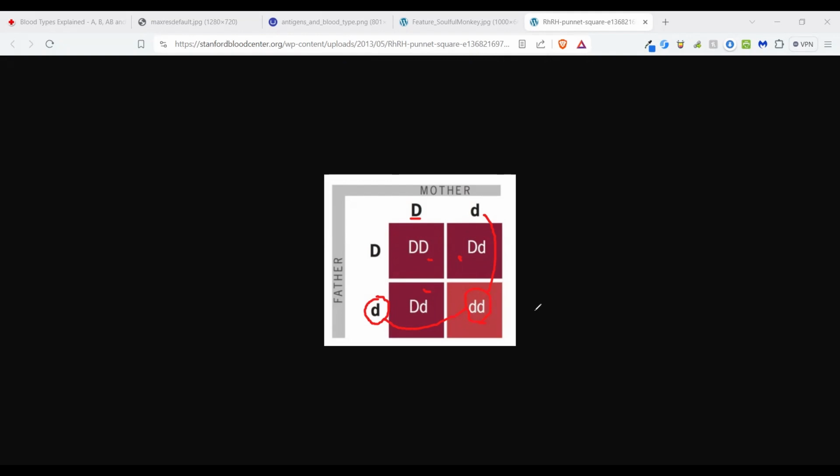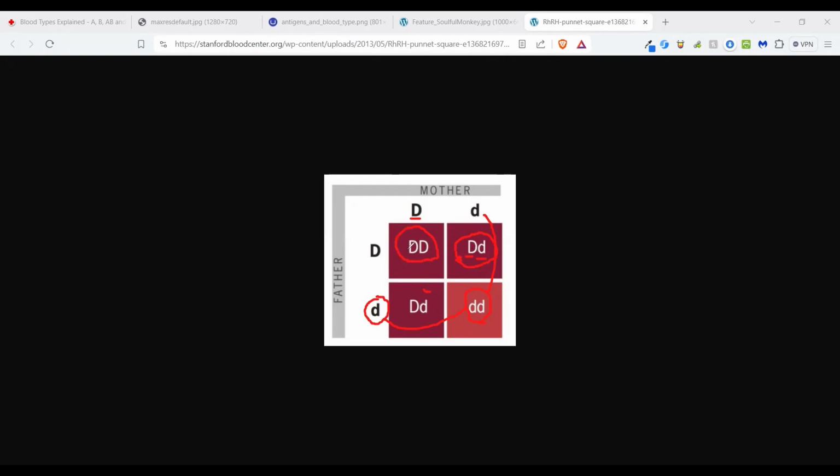So looking at the names there, hetero means different. Heterozygous, in the case of, for example, this child, means they have one dominant and one recessive allele, so they have different alleles. In this case, we have homozygous, so homo meaning the same.